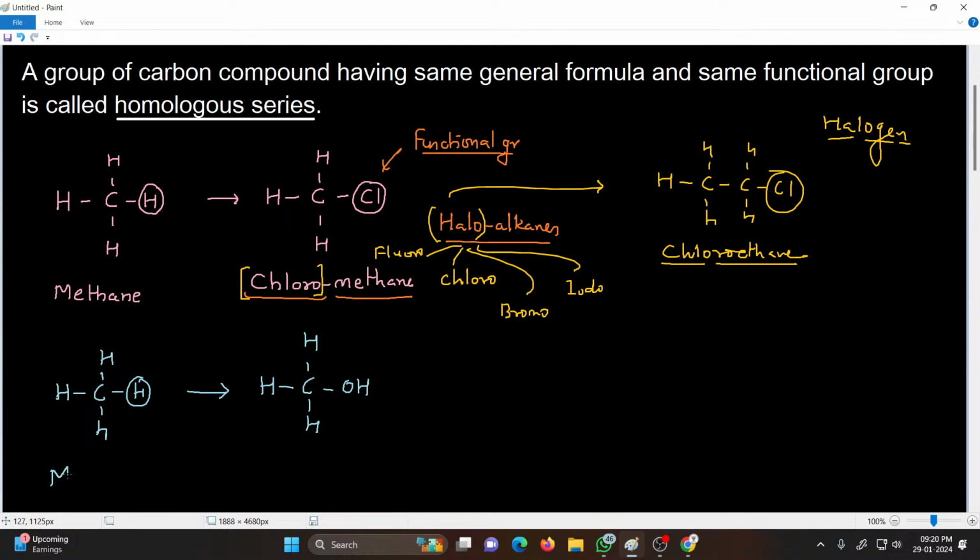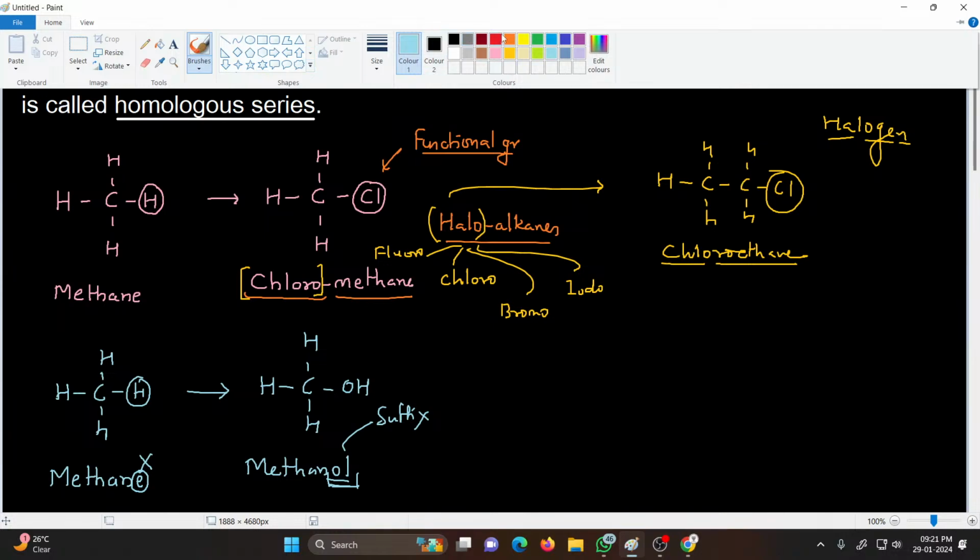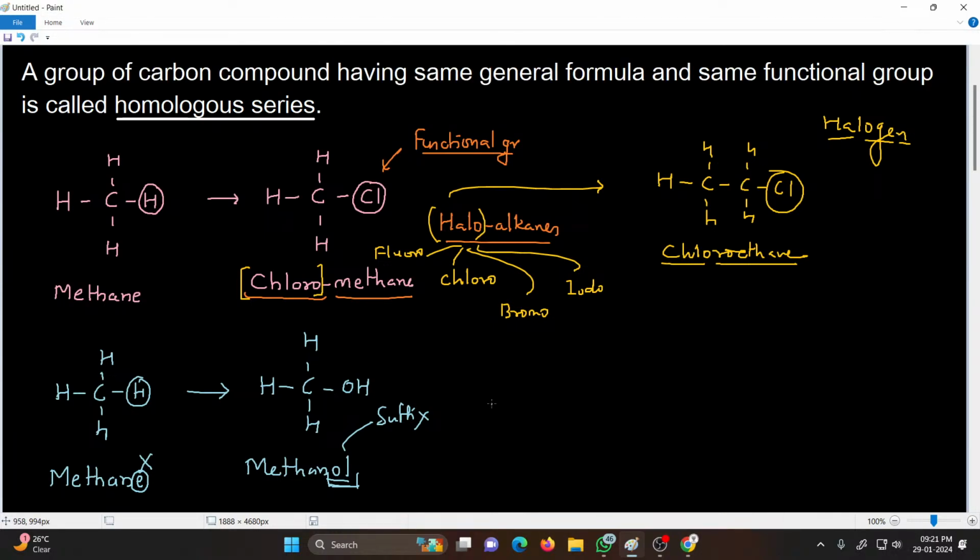So if this is methane, this is called methanol. In this, what is done? See, the E in the name of the alkane is removed and its place is taken by a suffix OL. So this is a suffix OL. So we have methanol.